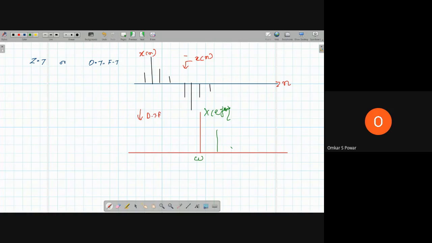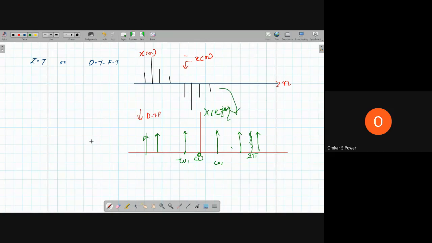At omega 1, and at minus omega 1 according to the property, considering omega from 0 to 2 pi, let this other frequency be here. So it will look something like this in the frequency domain.